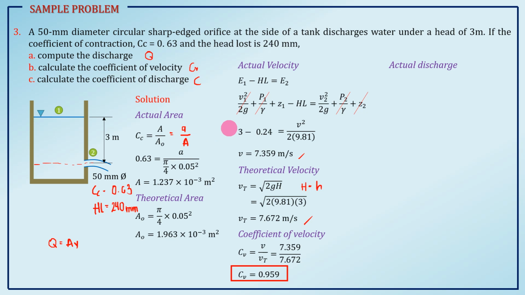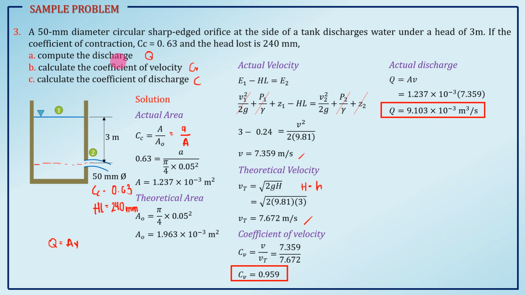Actual discharge Q is equal to AV, wherein we have A and the velocity there. Simplifying, our actual discharge is 9.103 times 10 raised to negative 3 cubic meters per second, which is our answer for letter A.